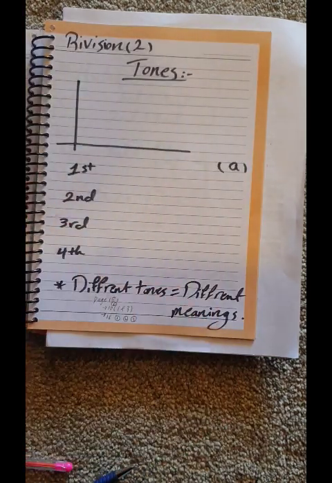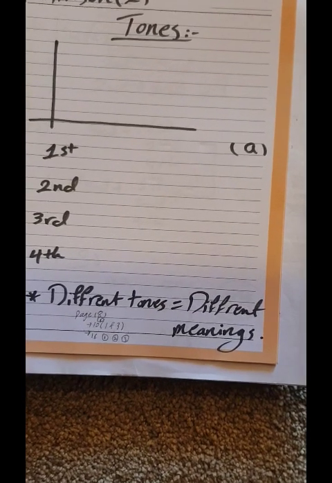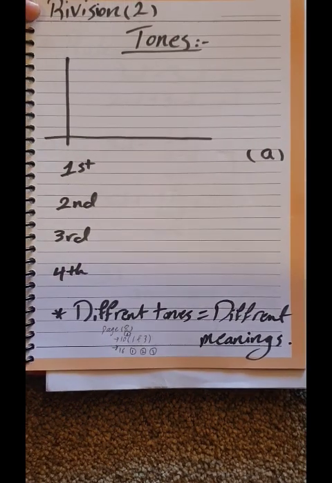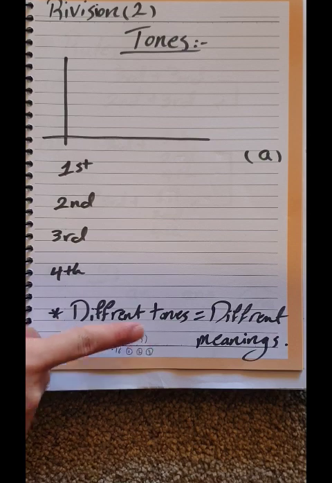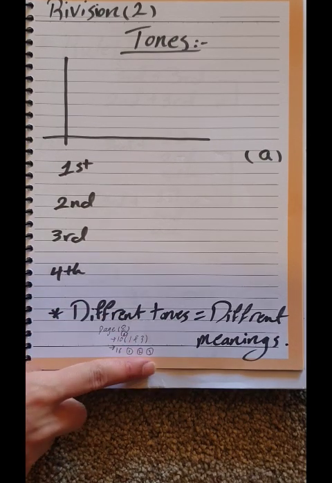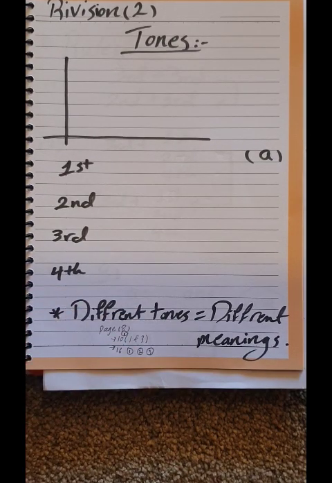Okay, now going to revision number 2, guys, which is talking about the tones. I told you before that it's one of the most important classes ever, tones. For us, different tones means different meanings. So if you change the tone, you're changing the whole meaning.